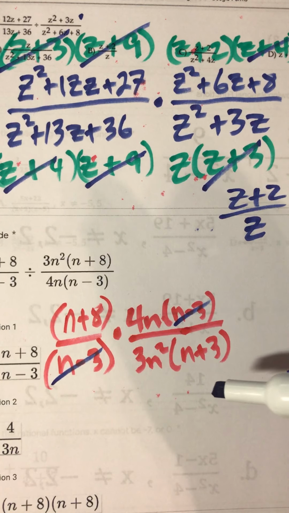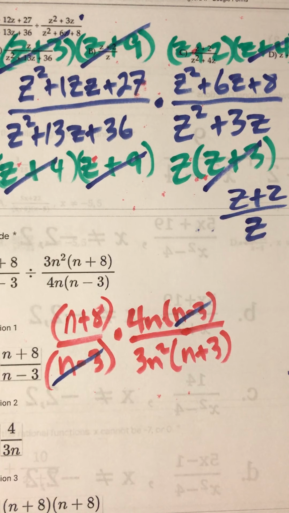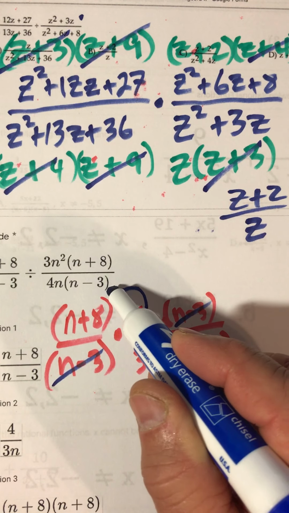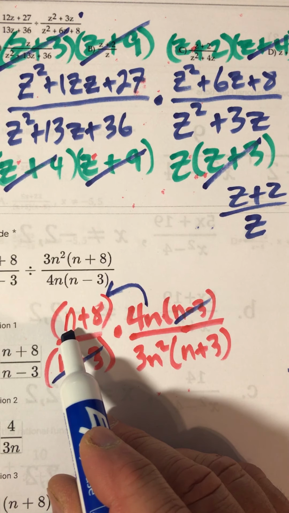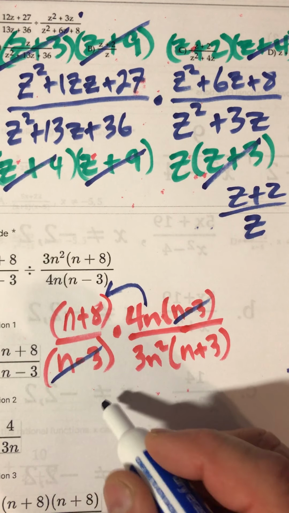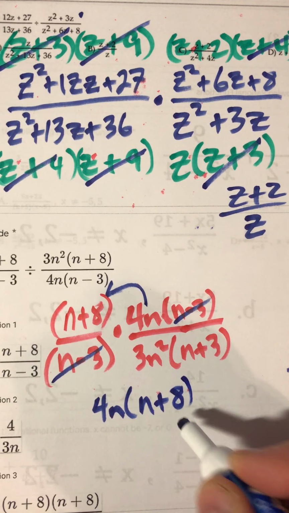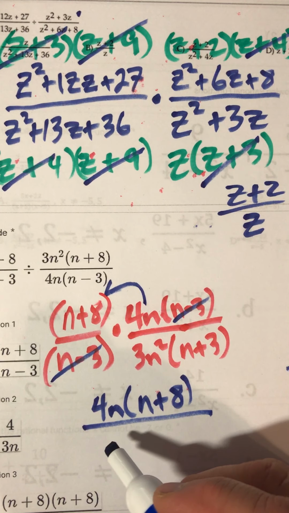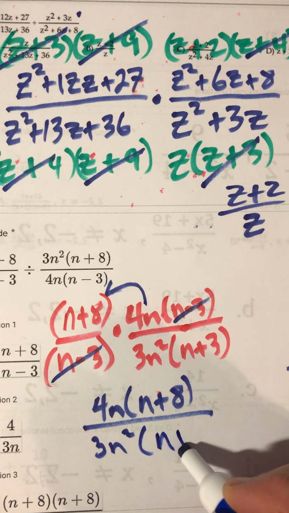Let's see what else we've got. Let's see what happens if we multiply the 4n. Let's put that together. We have 4n times n plus 8 left on top, and on the bottom we have 3n squared times n plus 3.